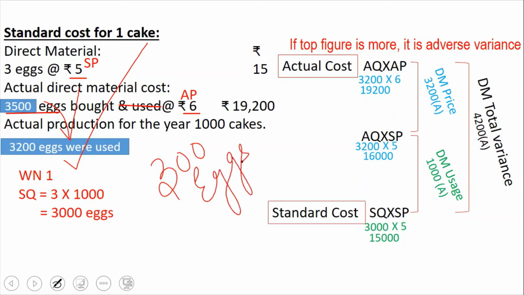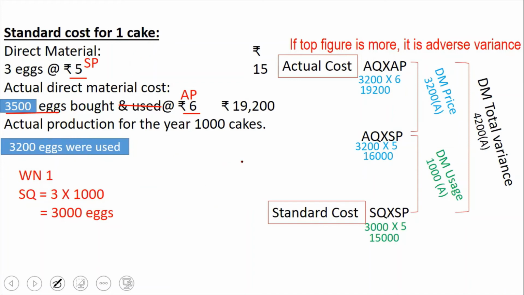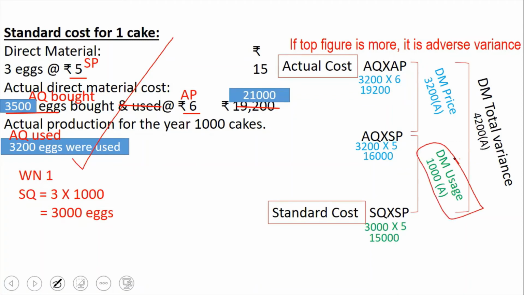Okay. So in this case, how will the variances be affected? This is what we are going to see. So 3,500 eggs is nothing but the actual quantity bought, and 3,200 eggs is the actual quantity used. And there is a change in the purchase cost too. The purchase cost is 21,000, that is 3,500 multiplied by 6. Now listen carefully. The production manager has used 3,200 eggs itself, which means that the direct material usage variance needn't change.